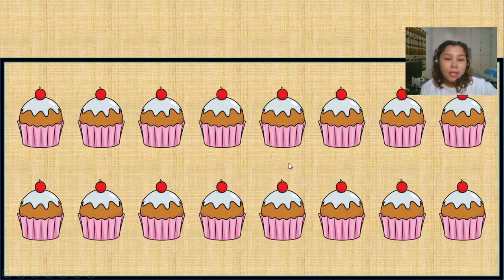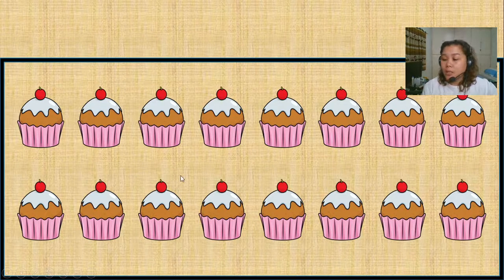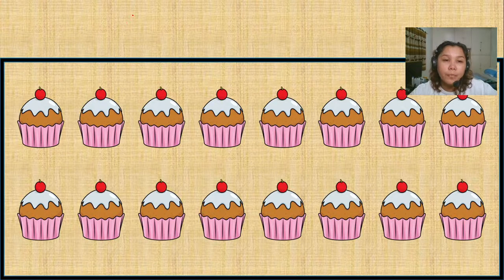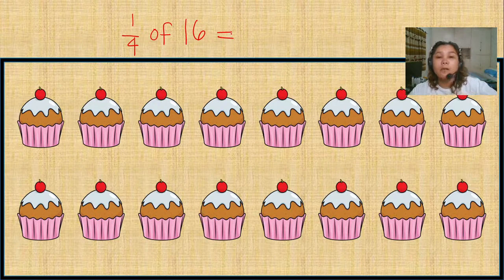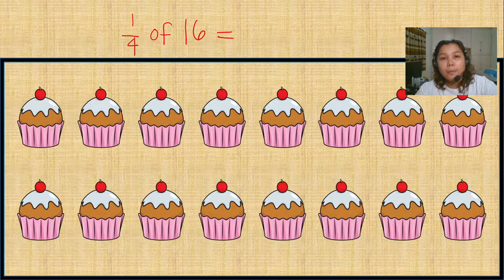Okay, next, how about if we have here these cupcakes? Let's count 1, 2, 3, 4, 5, 6, 7, 8, 9, 10, 11, 12, 13, 14, 15, 16. So, we are after 1/4 of 16. So, imagine tayo. So, from 1/4, balikan muna natin yung 1/2, kasi from 1/2, it will be helpful for us to make 1/4.